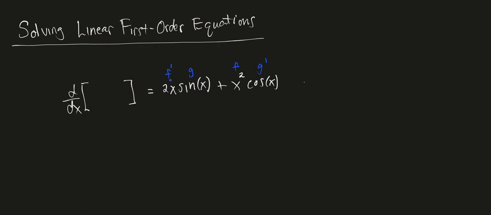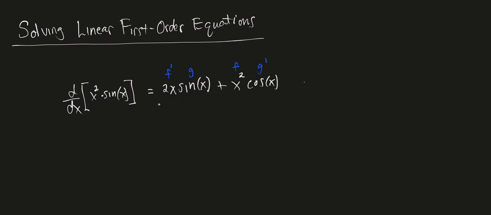So we can see the product would have to be x squared times the sine of x. So if we work backwards, we could say, yes, the derivative of x squared times the sine of x is what I have here. So the ability to work backwards is going to be key.